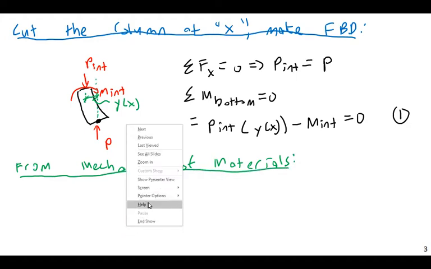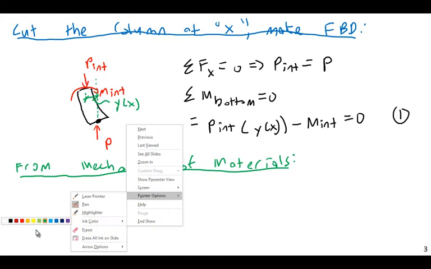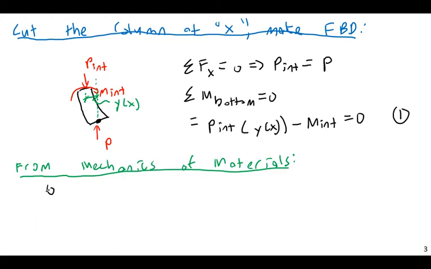first of all, I want my curvature, phi. Phi is equal to 1 over rho, which is also equal to M over EI. And I also know that 1 over rho is equal to negative y double prime of x.